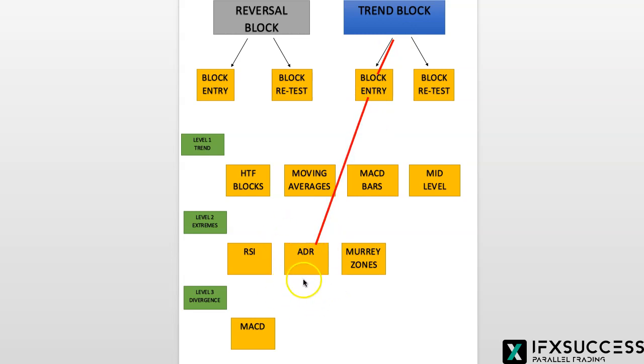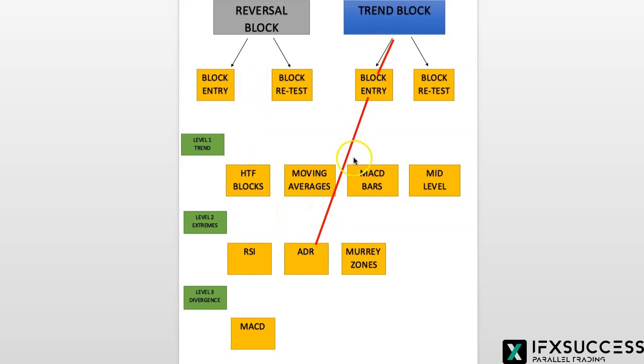ADR works great with scalping opportunities. Murray would be more for if you trade 1 hour or higher time frames. And the RSI can work well on either higher or smaller time frames. The higher the time frame, the better, of course, with any of this.